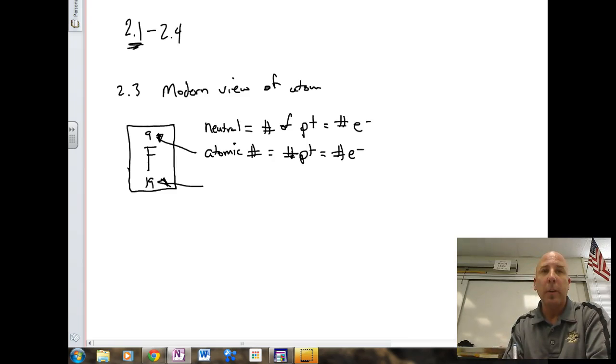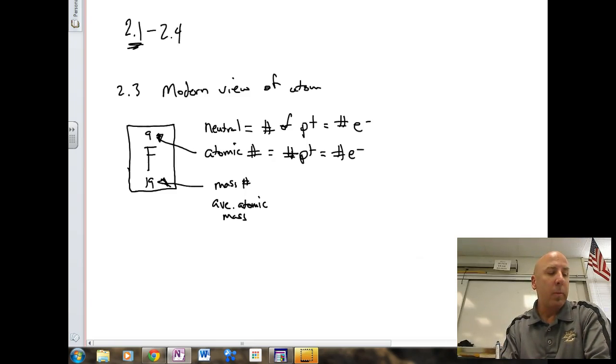This number down here, we give it a couple different names. Call it the mass number or average atomic mass, which we'll be talking about later on. This is going to be the value that is equal to the number of protons plus the number of neutrons.